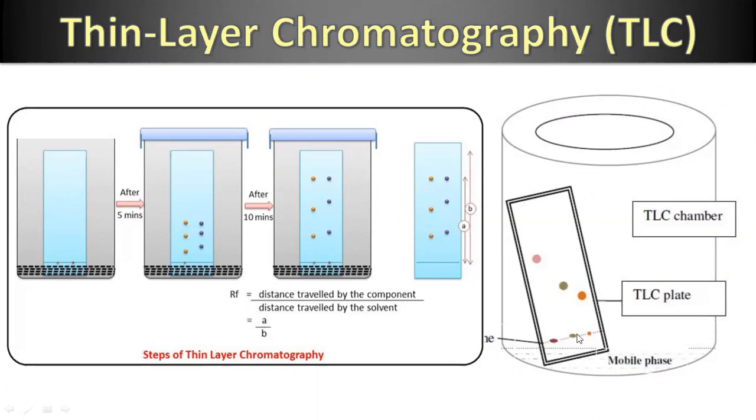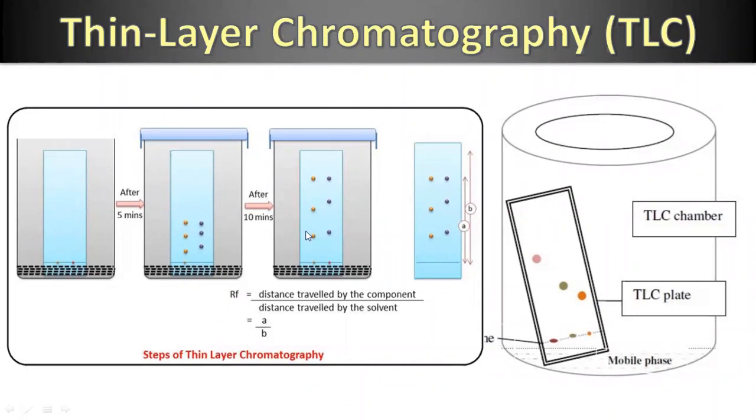After spotting the mixture of compounds on the baseline, we place the sample-applied TLC plate into the mobile phase, dipping the TLC plate in the mobile phase, and we can keep it aside. After some time, we get the compounds separated as colored spots.